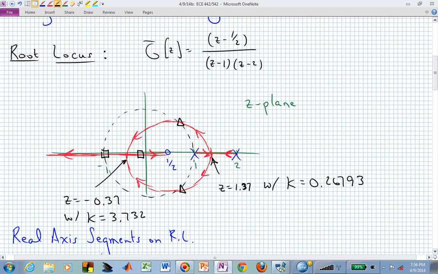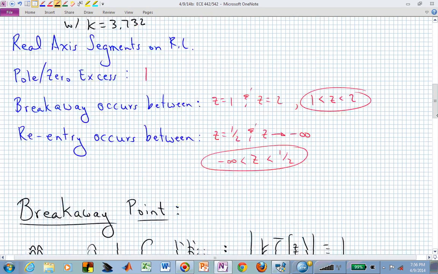We want to know when we first get both of those branches into the unit circle. That's going to occur when our root locus shape intersects the unit circle, and we want to see if we can find that analytically and not via trigonometry.